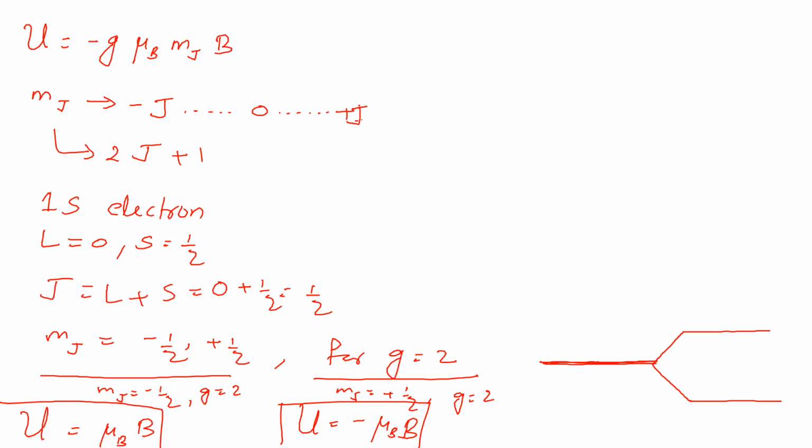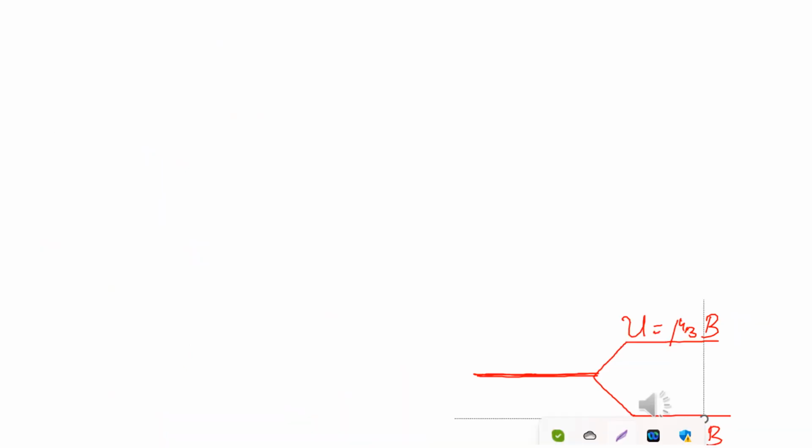One corresponds to U equal to mu B times B, and another one corresponds to U equal to minus mu B times B. So now, in the presence of an external field, the atomic energy levels: earlier it was a single level when there was no external field applied, that is B equal to 0.